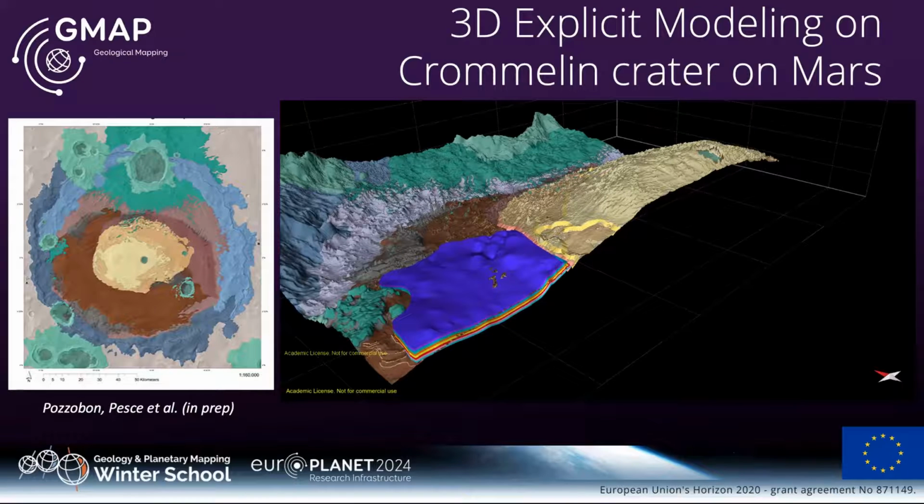Other models think that this is a spring deposit, so fluid resurgence from depth, that basically is oversaturated in sulfates, and they simply create some evaporative layers that are those of the dark brownish material, like here, and also here.